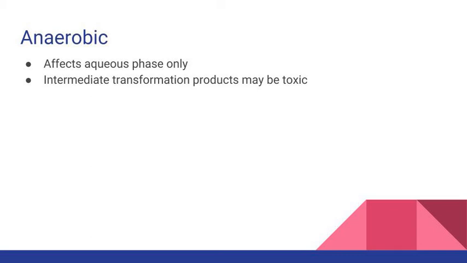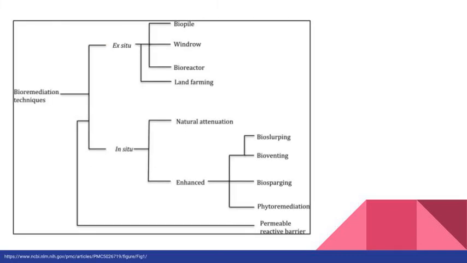Pictured here is an image showing all of the different types of biological remediation methods. As it was mentioned before, these methods can be broken up into in situ and ex situ. Just to recap, the methods of biological remediation in ex situ include biopile, windrow, bioreactor, and land farming.